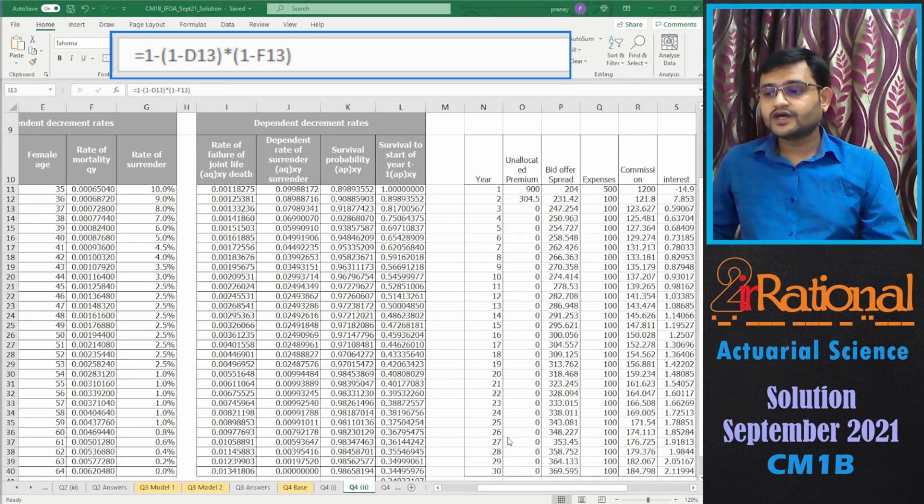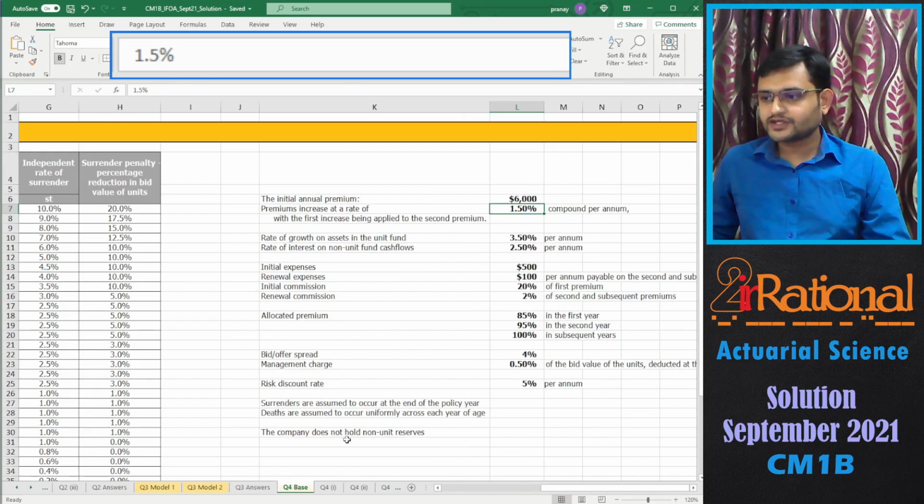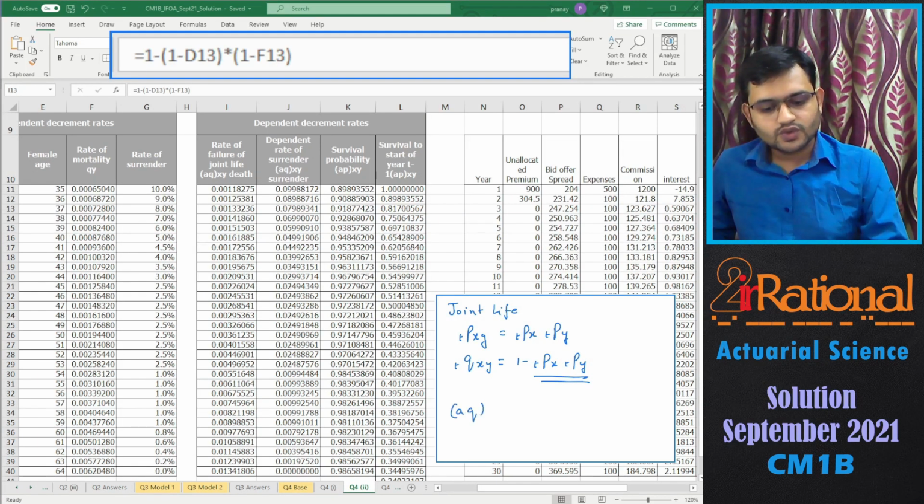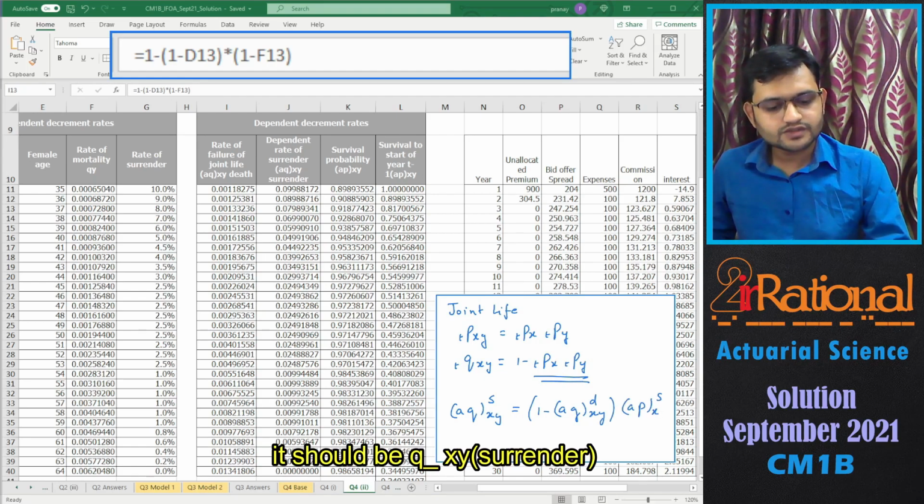For the rate of surrender, we'll have to figure out whether the surrender is possible throughout the year or only at the end of the year. So in our base, you can see down here, we have surrenders are assumed to occur at the end of the policy year. So our AQ XY for surrender will just be 1 minus AQ XY for death into our P for surrender XY.